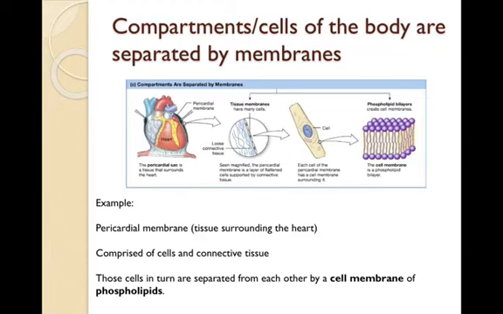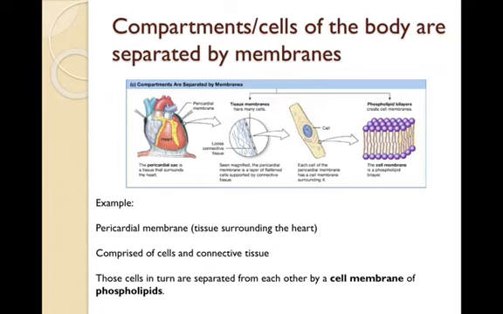Most compartments of the body are separated by membranes. So we can look at, say, the pericardial compartment. Surrounding the heart itself is this thing called the pericardial membrane. And so this separates the sac that the heart is in from the sac that the lungs are in.